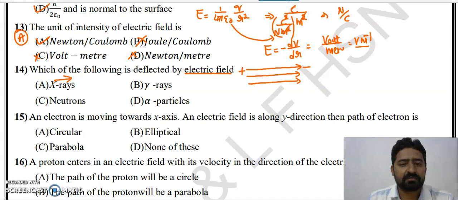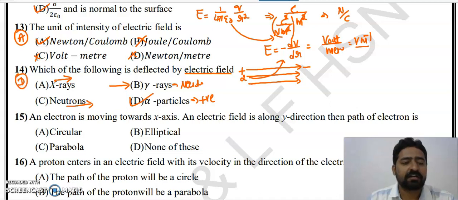Gamma rays are neutral and uncharged, so they also move in a straight line. Neutrons are neutral and also move in straight lines. Alpha particles have positive charge, so they are deflected toward this side. So the right answer is option D for the 14th question.